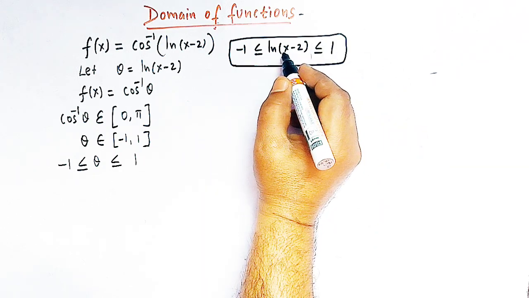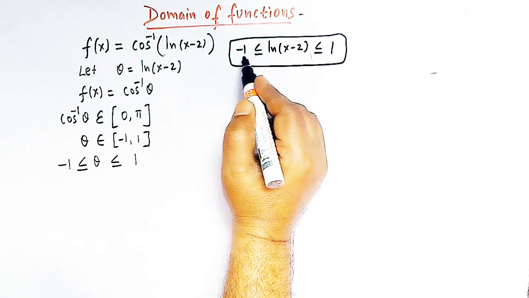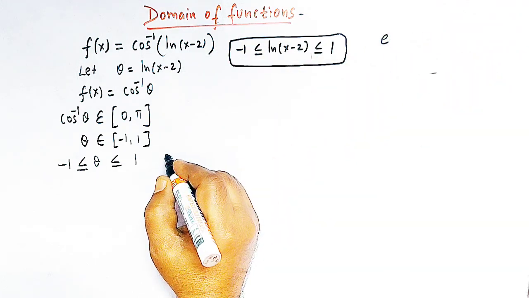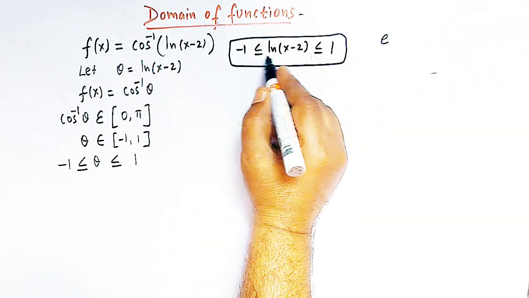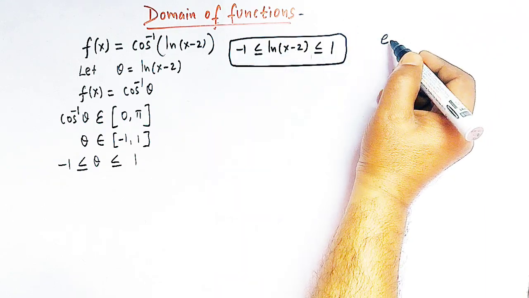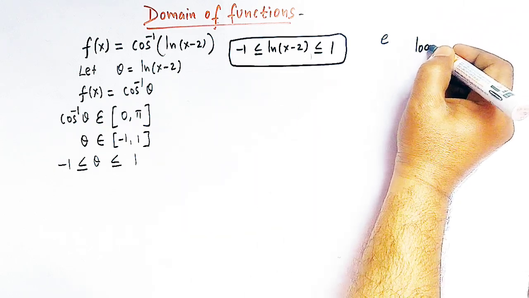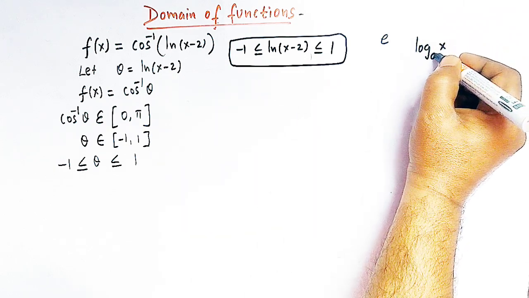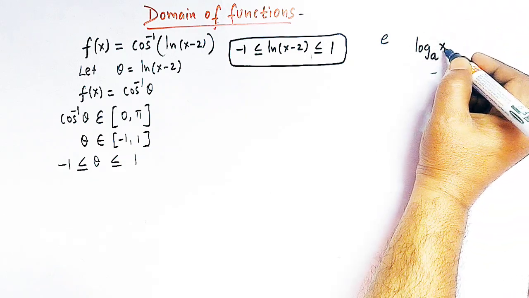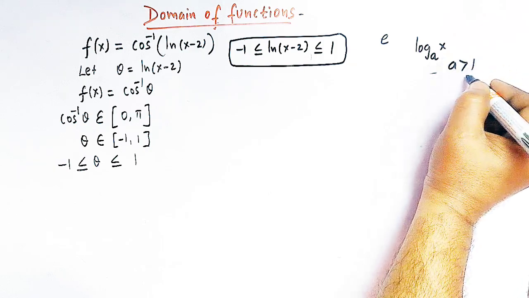Okay, so now what we will do, we'll take all these three numbers to the power of e, where e is the exponential number. In order to solve this inequality for x, we have to raise these three numbers to the power of e. And remember, the function log x to the base a is always an increasing function for all values of x in its domain when a is greater than 1.